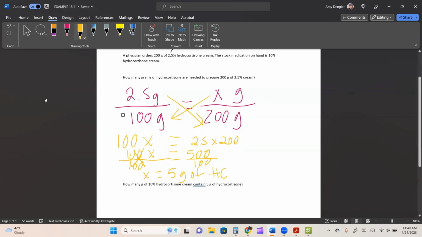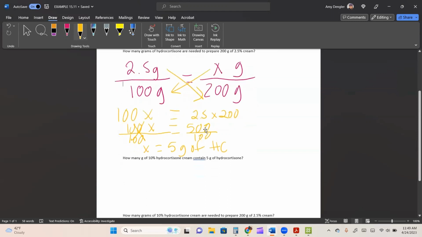Now we have the part of how many grams of 10% hydrocortisone cream contain 5 grams of hydrocortisone. So then that 10%, we would turn into 10 grams over 100 grams. And this time our 5 grams is going to be on top and our X grams will be on the bottom.